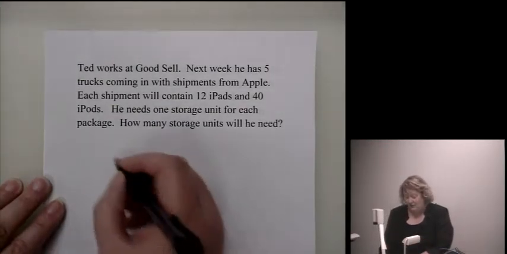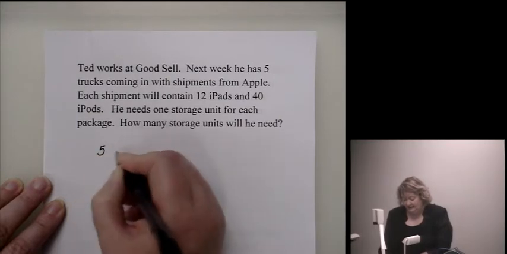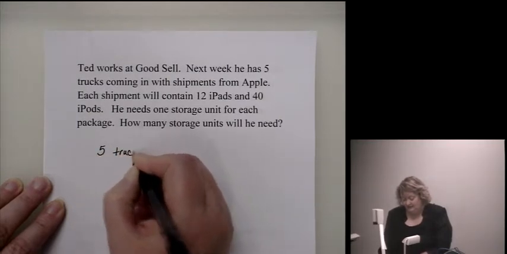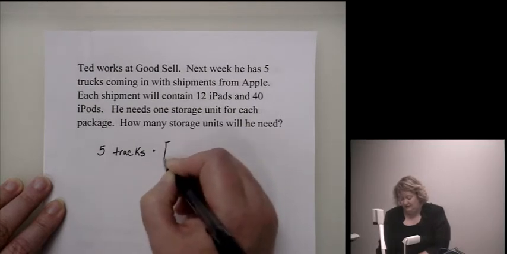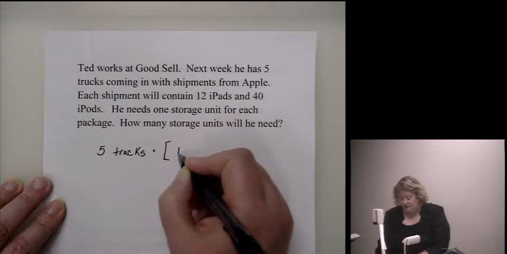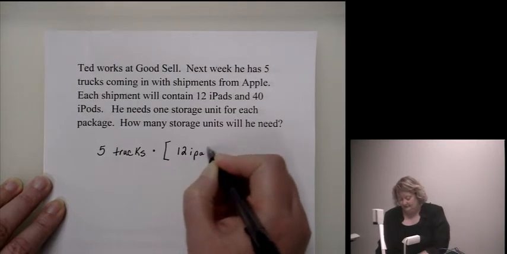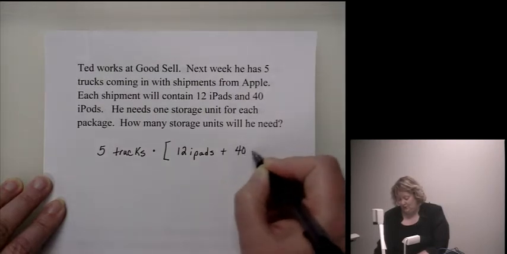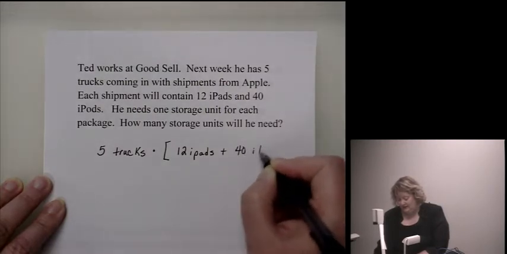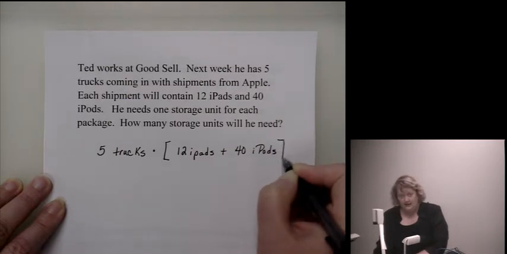Well, let's write down what we have. We have the 5 trucks. And on each of the 5 trucks, he'll have 12 iPads plus 40 iPods.